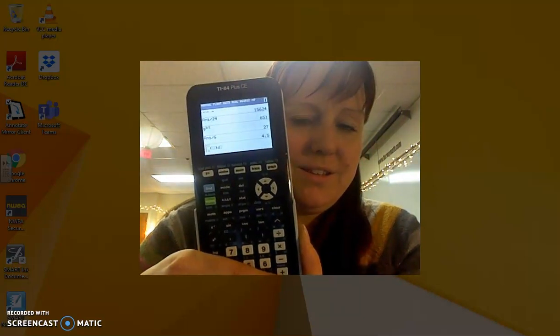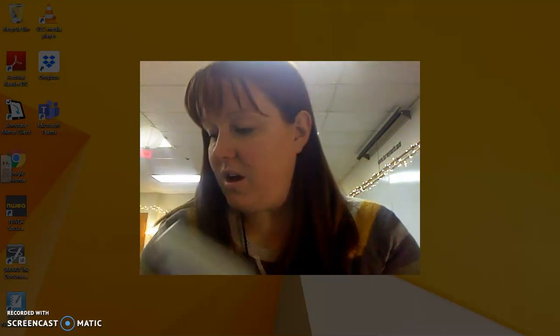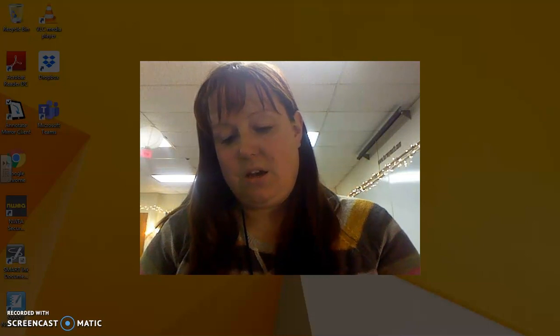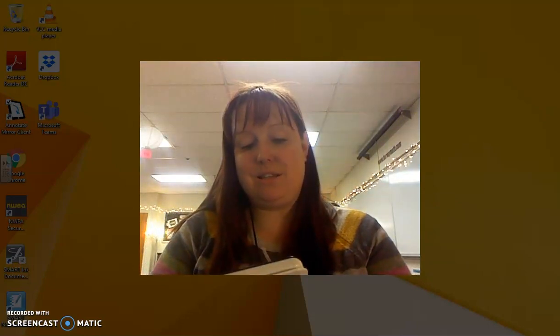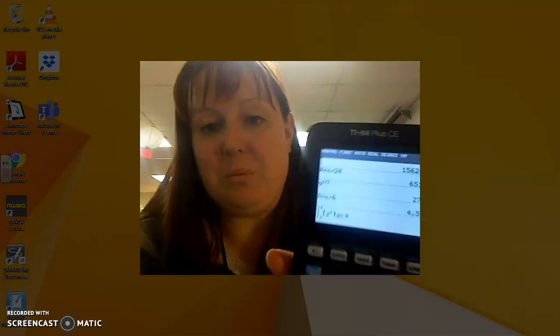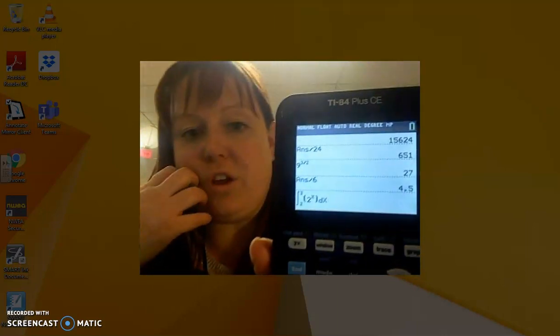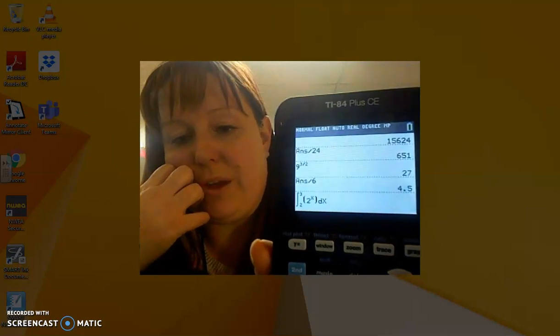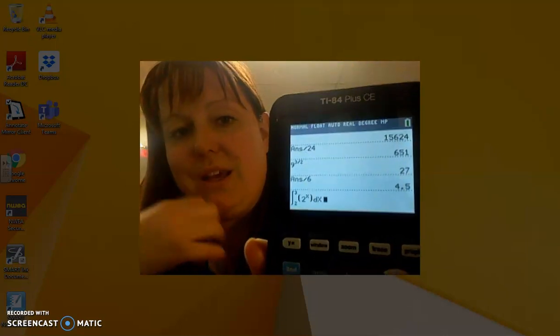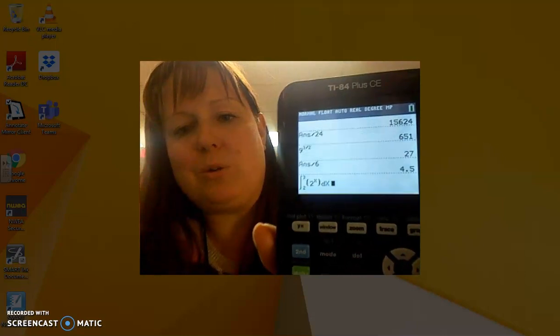Push enter. We're going to do the integral from 2 to 3 of 2 to the t. Obviously, instead of t, we're putting in x. It's not a big deal. Remember, John found out that we really can only do x on there, unless we're in parametric and stuff, which we're not.